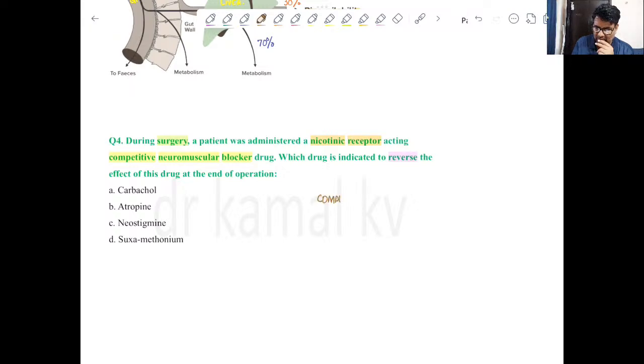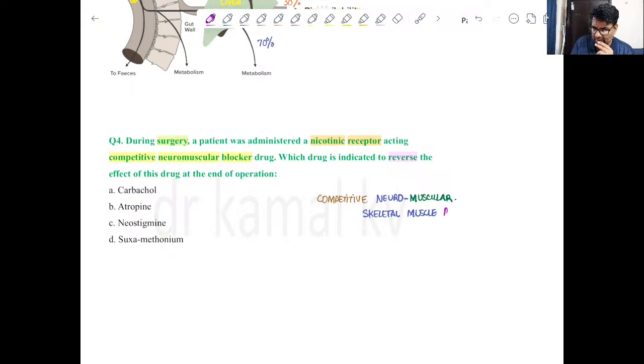This is a competitive neuromuscular blocker drug, a skeletal muscle relaxant, you can say.